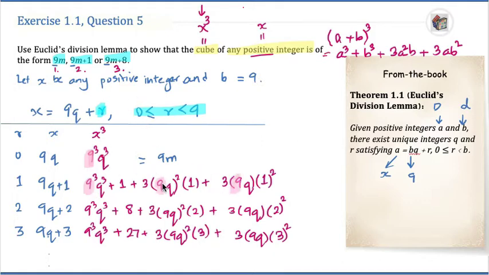So when I take 9 common from these three terms, whatever is left inside, I will just call m, 9m, plus this 1 that is left over here is what I will write, 9m plus 1. So where am I getting this 1 again? There's this number which I got by cubing 1. 1 to the power 3 is 1. So this gives me the second form as you see here.